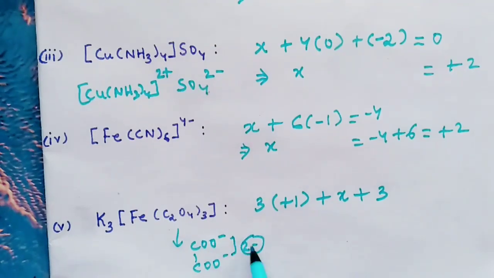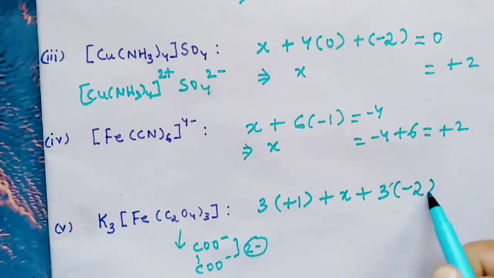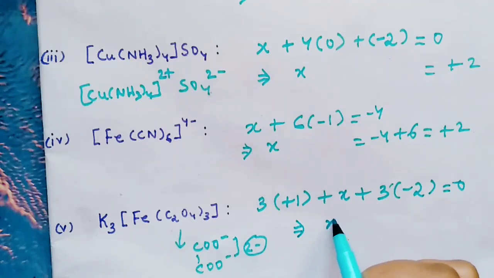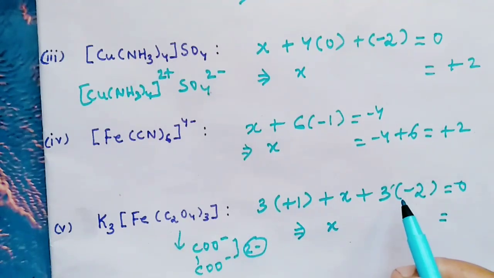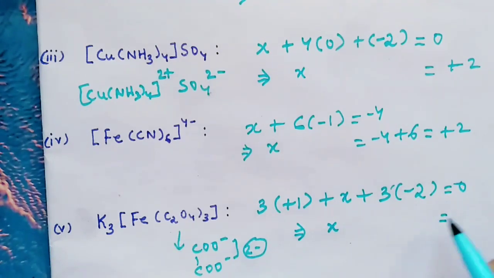So 3 into minus 2, equate it to 0 because it is neutral. So what would be your X? Here you have plus 3 and minus 6. Plus 3 with minus 6 gives you minus 3. If you take that one to the side, it gives you plus 3.